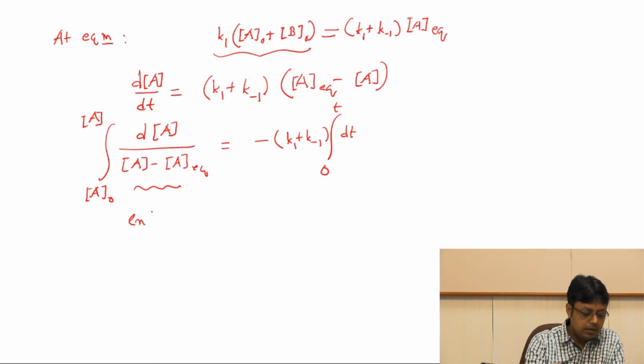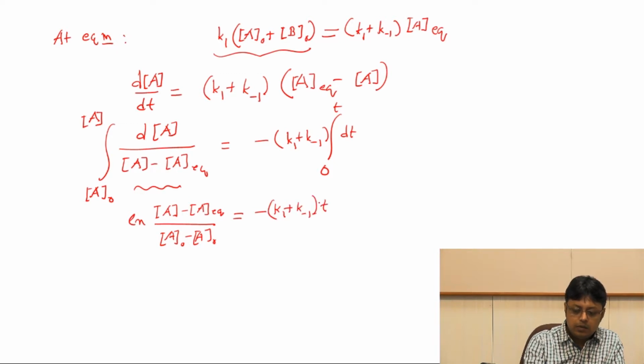So this integration will be ln, we can actually write it directly between the limits A and A0. So it will be A minus A equilibrium divided by A0 minus A equilibrium, which is nothing but minus K1 plus K minus 1 into T, and we can write it in the exponential form.